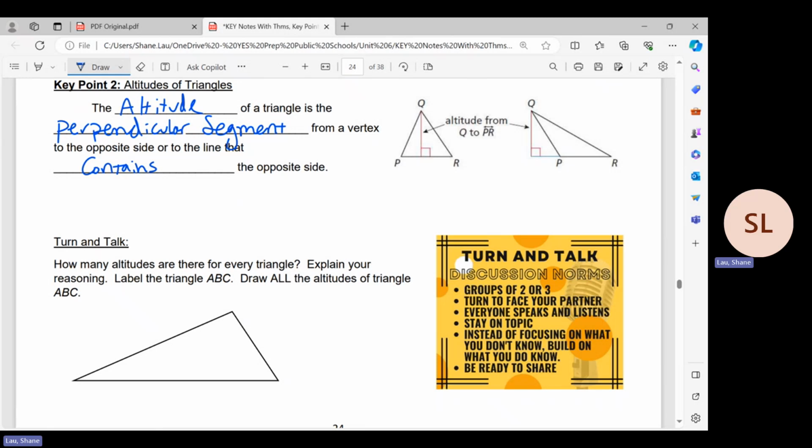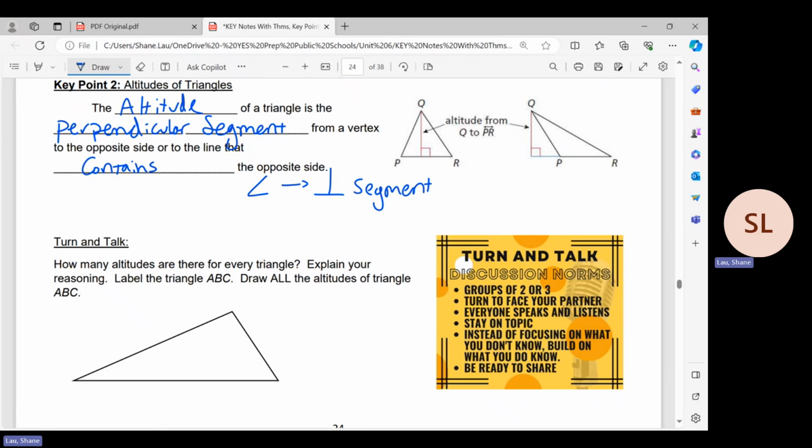So it says from a vertex to the opposite side that is a perpendicular segment from that vertex. So we're going to rewrite it as angle goes to, with that arrow, perpendicular segment.